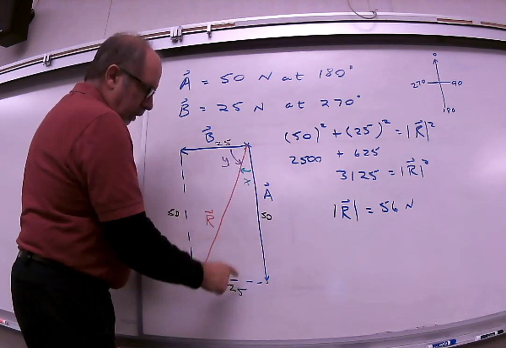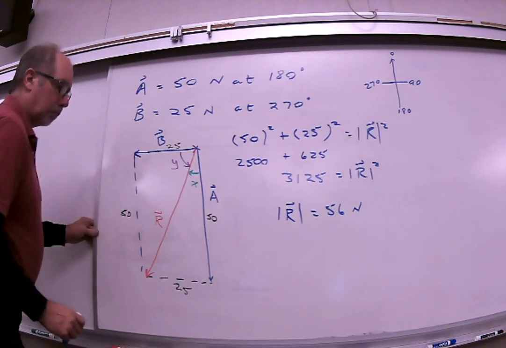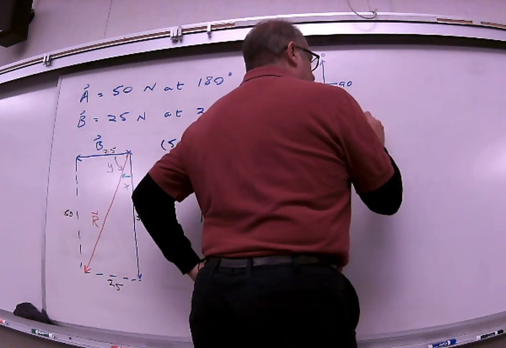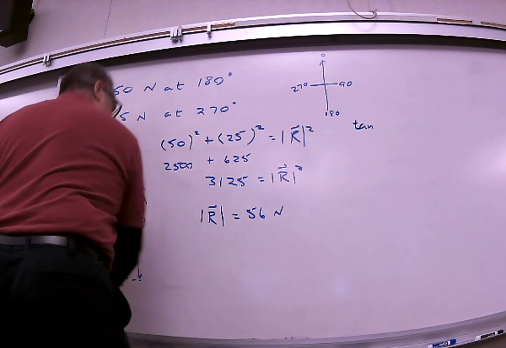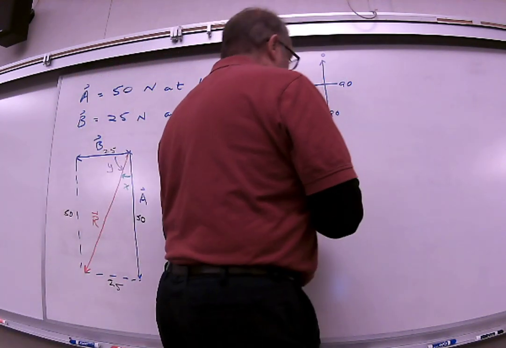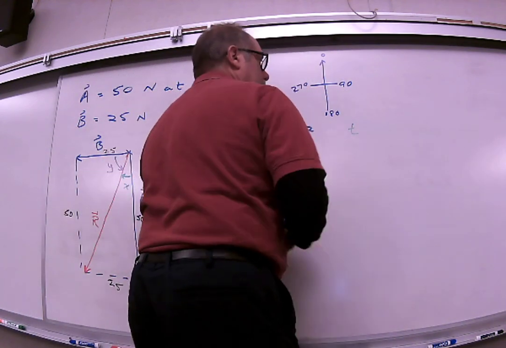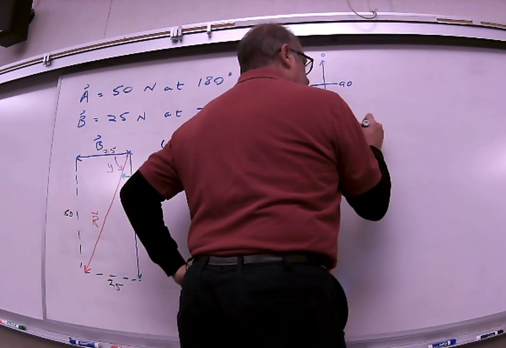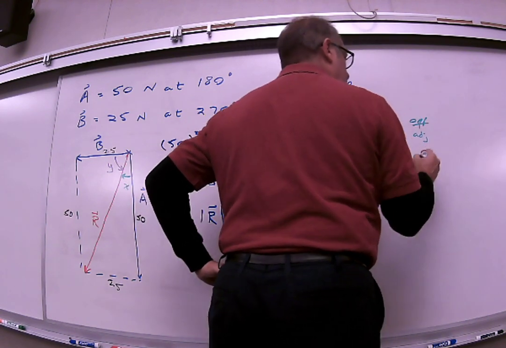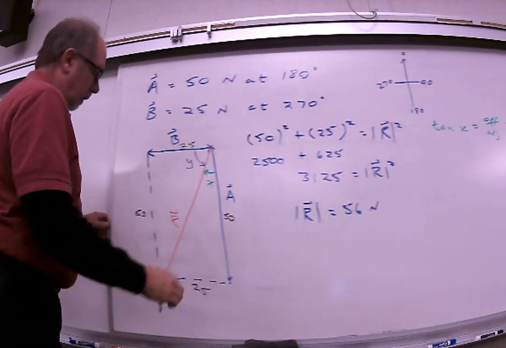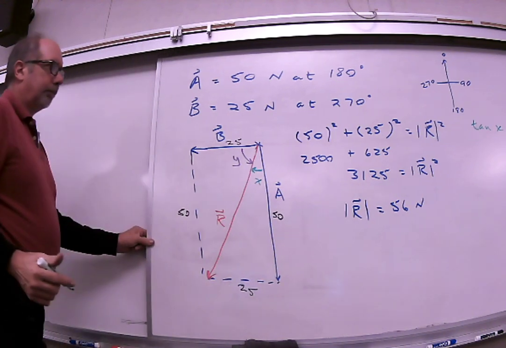Tangent of x is opposite over adjacent. So, tangent of x, I'm going to write this in green. Dark one, so you can see it. Tangent of x is opposite over adjacent, and the opposite is 25, and the adjacent is 50.